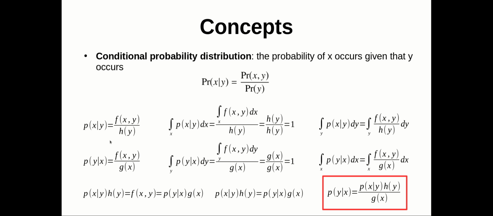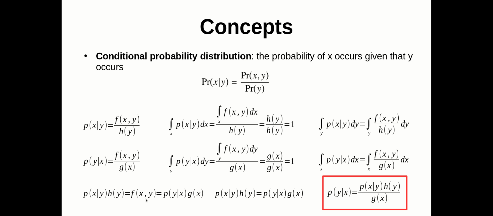Now if we pay attention to these two equations, and multiply h(y) on both sides of the first equation, we get p(x|y) times h(y) equals f(x,y). Then if we multiply g(x) on both sides of the other equation, we have p(y|x) times g(x) equals f(x,y).